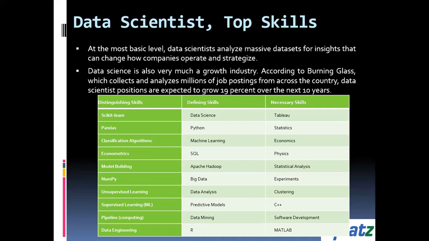Okay, so pipelining is a very important concept in TensorFlow, and TensorFlow is a library from Google, right? Then data engineering, okay, then you need to have Python, machine learning, SQL, data analysis knowledge, data mining knowledge, R programming knowledge. Okay, so these are the top skills for the data scientist.